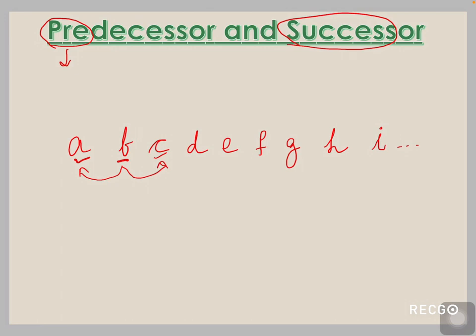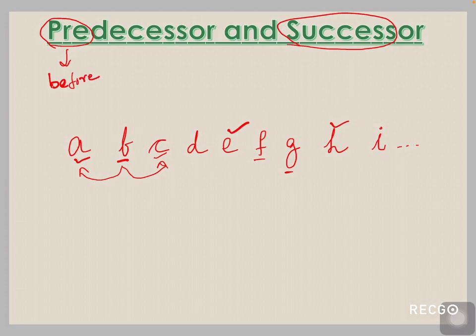Similarly, if I ask you, what is before F? You will say it is E. And what is after G? You will say H. Clear? So this is the meaning of predecessor and successor. Pre means before.